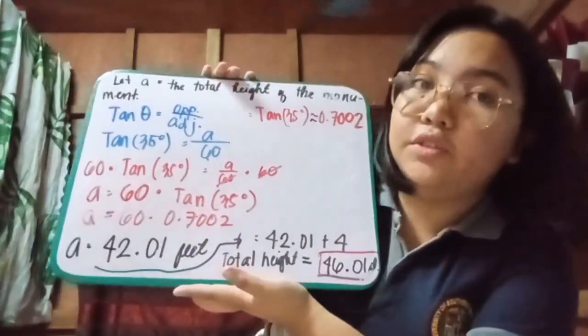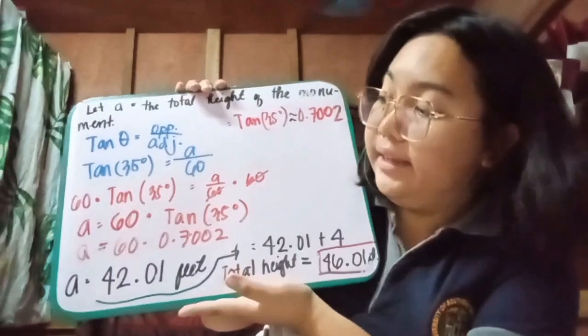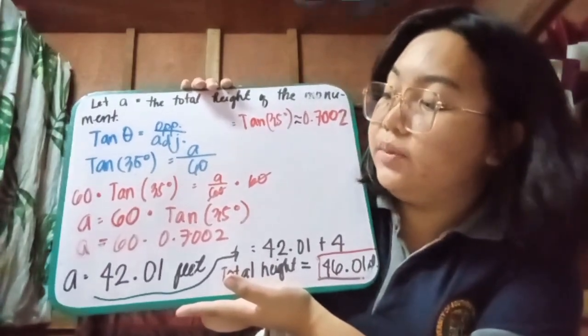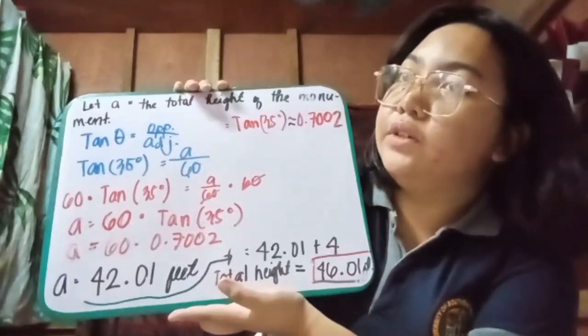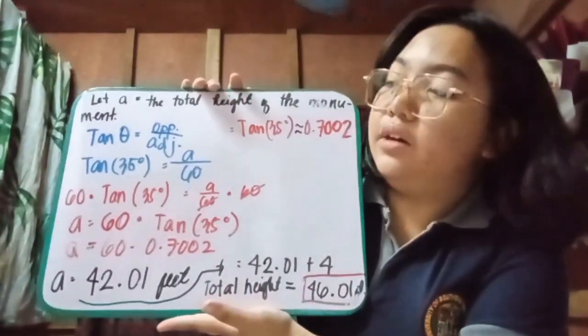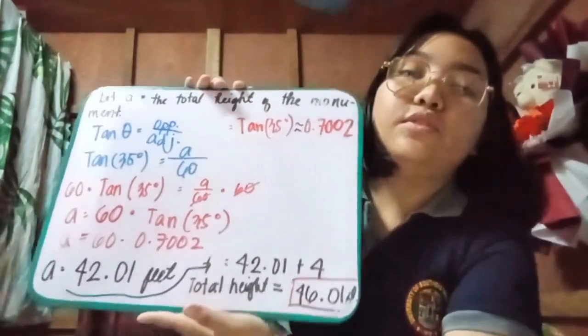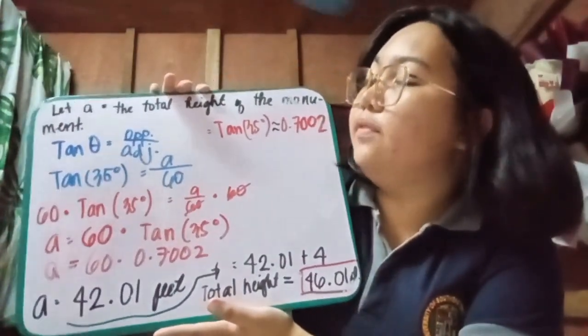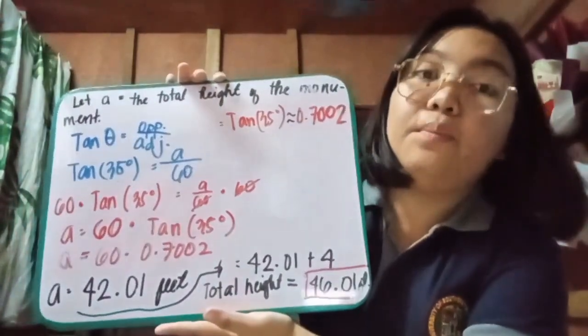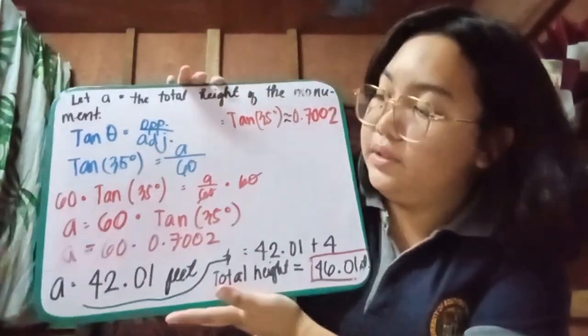In order for us to multiply 60 and tangent 35 degrees, we have to solve tangent 35 degrees first. In this part, you have to use your scientific calculator. Tangent 35 degrees is equivalent to 0.7002.